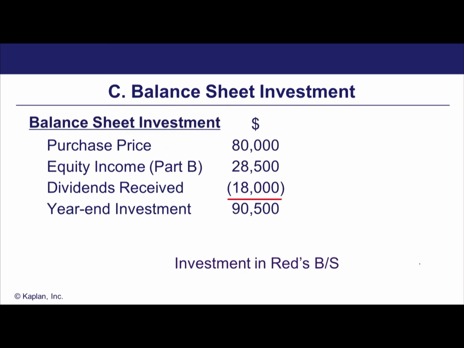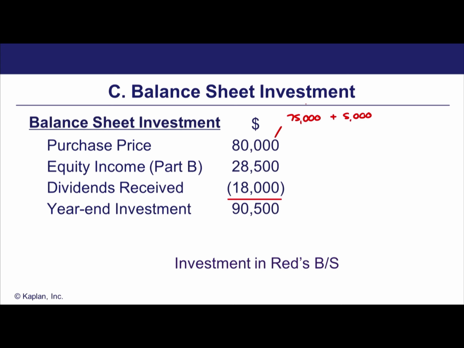So when we look at our balance sheet investment, there's the purchase price of 80,000, made up of our two components: the 75,000, which is our share of the fair market value net assets, plus the goodwill figure of 5,000. Those are the two components hiding in there. We then bring in our equity income.